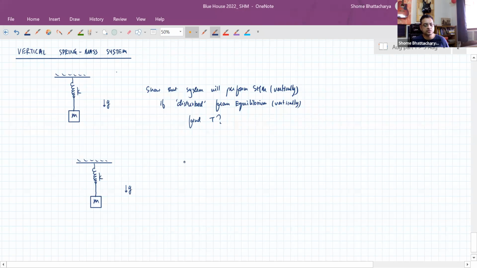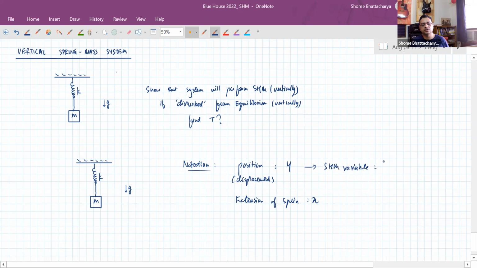So we will use a notation where the position or displacement we will write as the variable y, whereas for the extension of the spring we will use the variable x. So we'll use separate variables. This is the SHM variable, and therefore we should take y equal to 0 as the mean position or the equilibrium position.